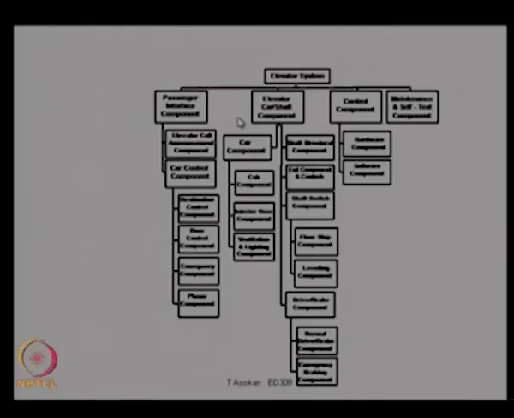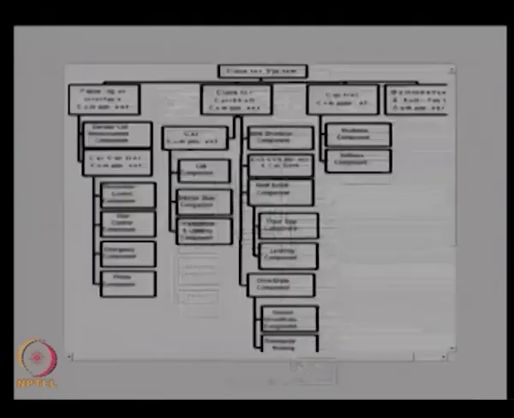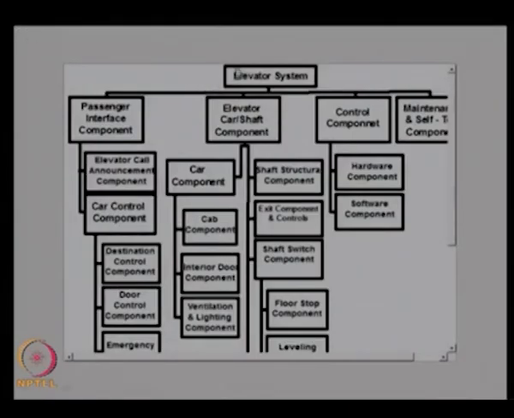Now, when we convert this into a physical architecture, a generic physical architecture will be more like a direct conversion of the functions into generic components. Here you can see that the top level component in the generic architecture is the elevator system. Provide elevator services is the function, and the elevator system becomes the generic component which will provide it.